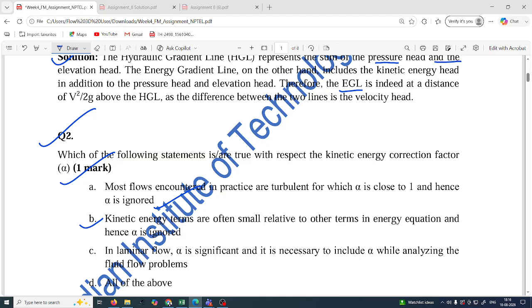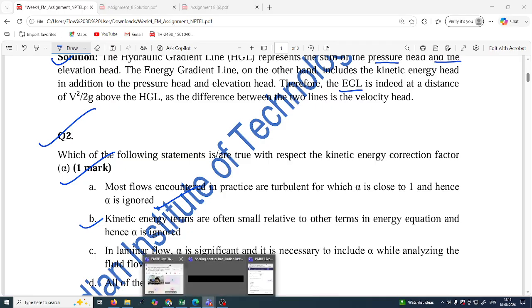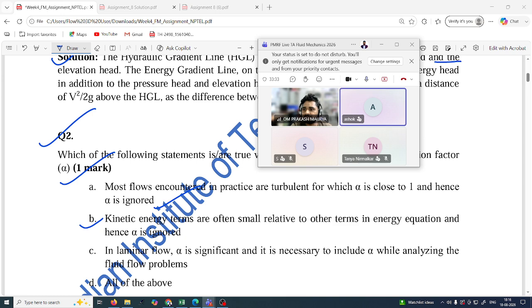Option C: in laminar flow, alpha is significant and it is necessary to include alpha while analyzing the fluid flow problem. Option D: all of the above. So you have four options. Read the question very carefully. This question is very important, so please write your answer in the chat box.